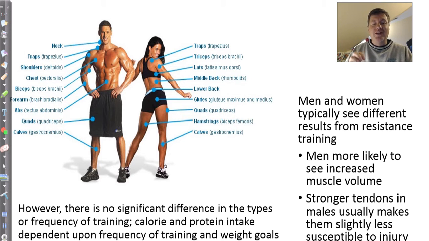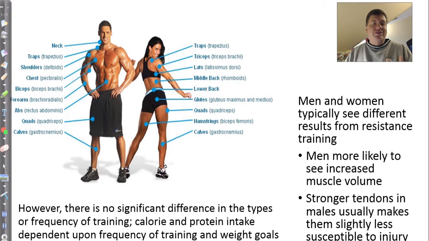Again, that's not to say that women can't significantly improve muscle mass, muscle strength, and muscle flexibility. So we don't really see any difference in the types of exercises they're doing. Both genders can lift weights. Calorie and protein intake is largely a function of body size and the kind of training and weight goals they have. So men may again have a higher calorie requirement, they may have a higher protein requirement, but it doesn't mean that women may not also have to increase their calories and proteins at proportional amounts to see some effects also.